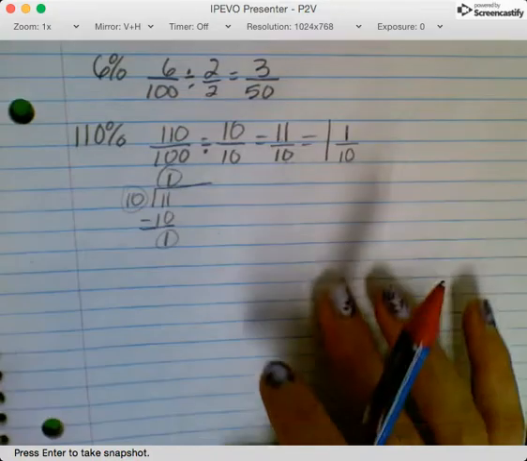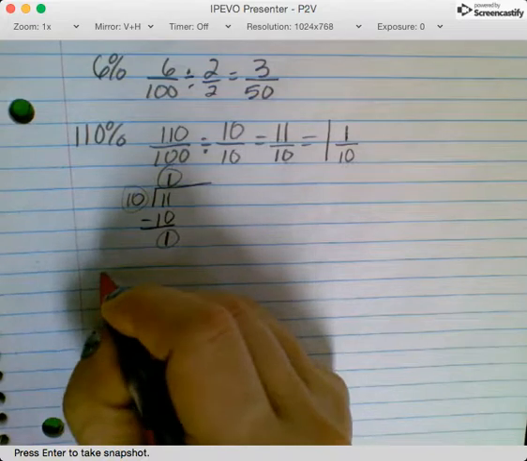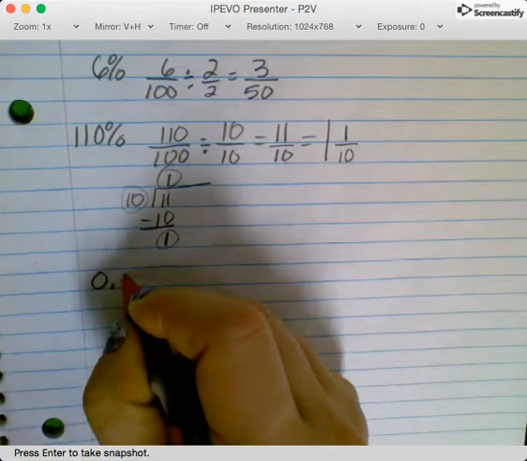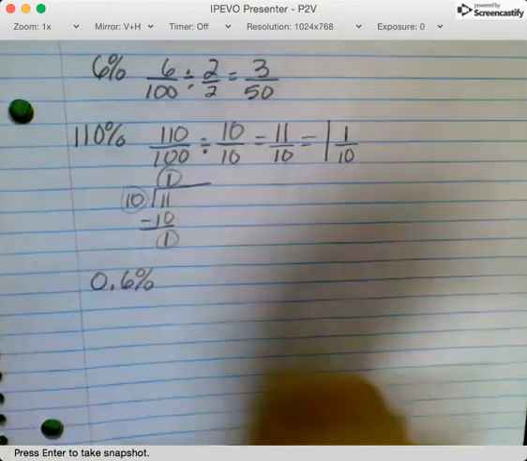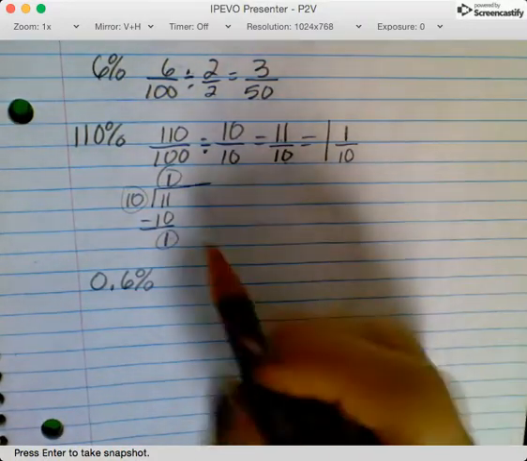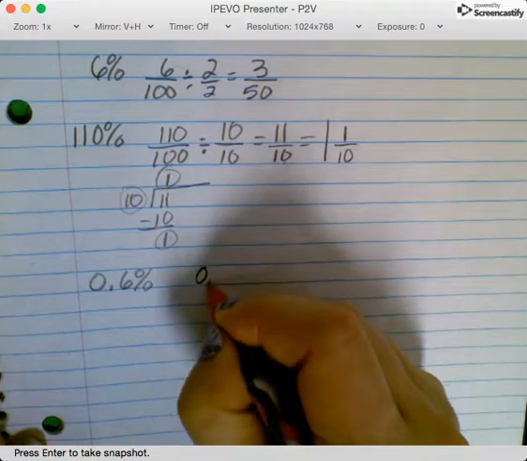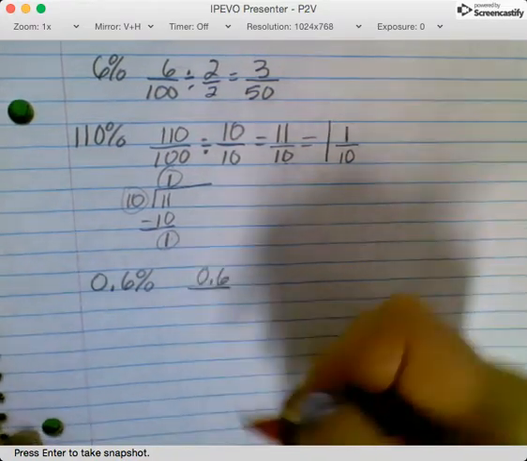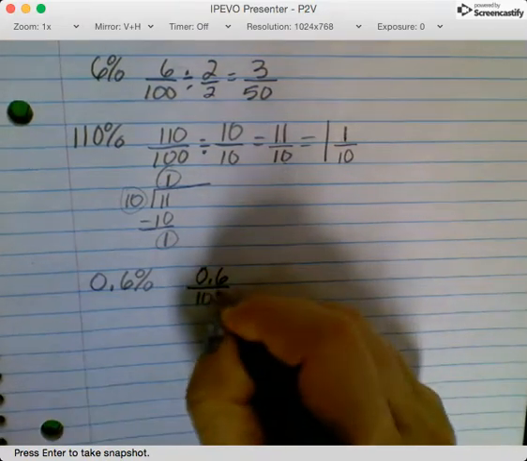In your book, there may be some that are a little bit more complex, but they're basically done the same way. Let's say I had 0.6%. So this time I have 0.6, which is actually read as 6/10. I put it over 100.